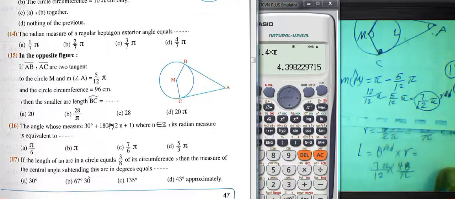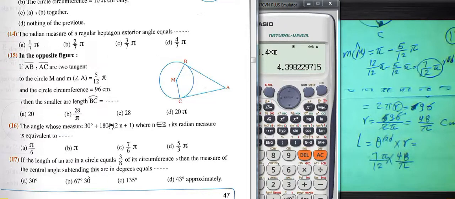We can simplify pi with pi. 48 divided by 12 equals 4. 4 times 7 equals 28. The result will be 28 centimeters.